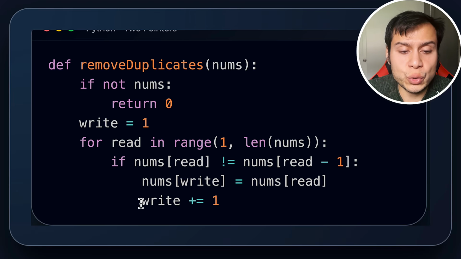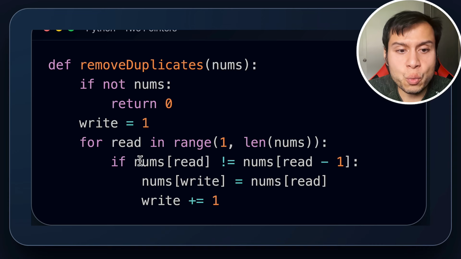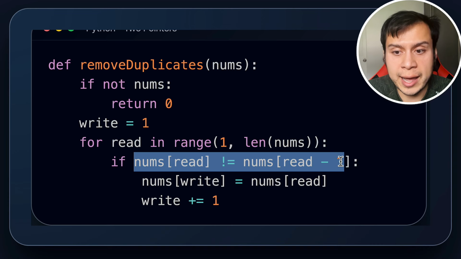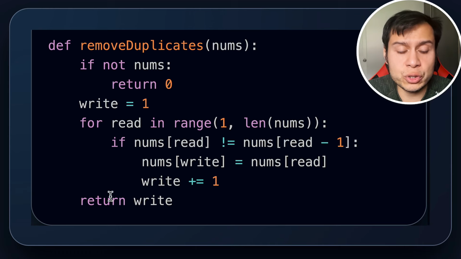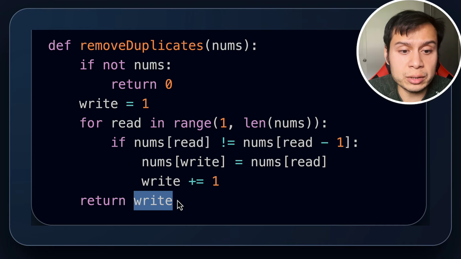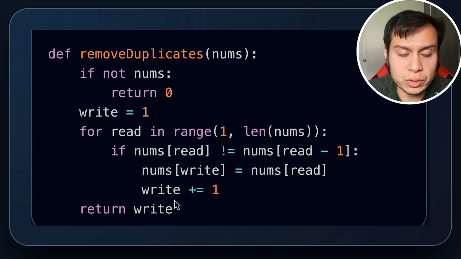Then we advance our write position, this slow pointer, by 1. This slow pointer only increments by 1 when we find a unique element using this condition. At the end, we return the slow pointer's value. This is the entire logic of our slow and fast pointers.